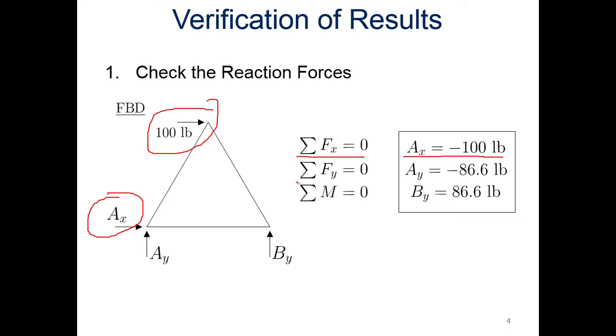Do the sum of the forces in the y direction, we'd have a function of the y components at A and B. And so we wouldn't have enough information to solve, but if we also use the sum of the moments about node A, we could then find what B is and use that ultimately to back solve what A is. All right, so that's one way we can quickly do some hand calcs and evaluate those against what we actually come up with in our analysis.